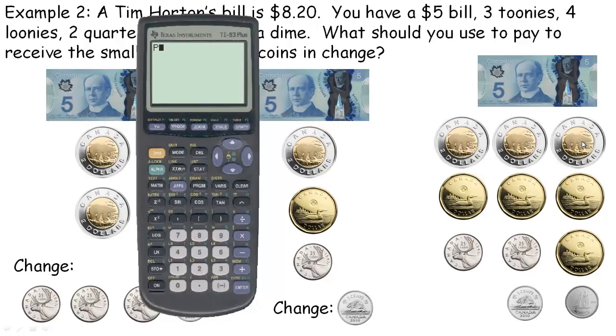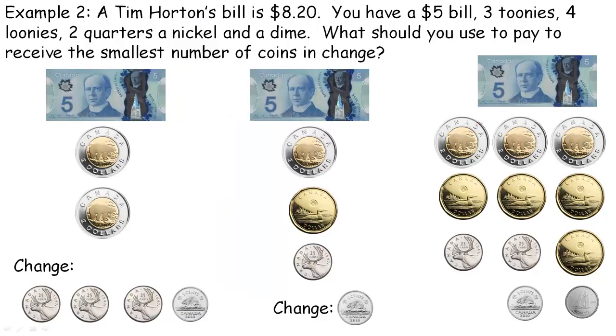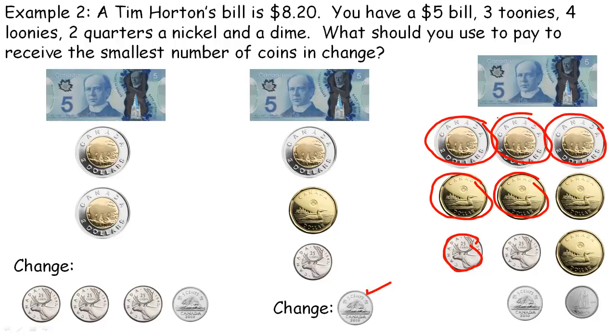So we could pay with a toonie, another toonie, that would be $6, $7, $8, and then of course still the quarter. You would still get the single nickel back, but you would actually have fewer coins with you, because all you'd have is the 5, 2 loonies, a quarter, 2 nickels now, and a dime.